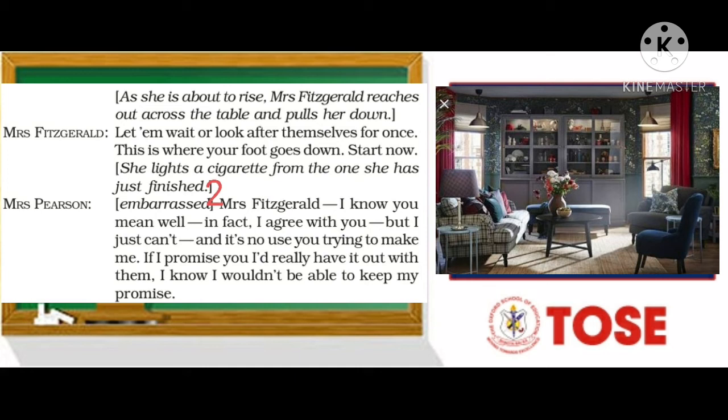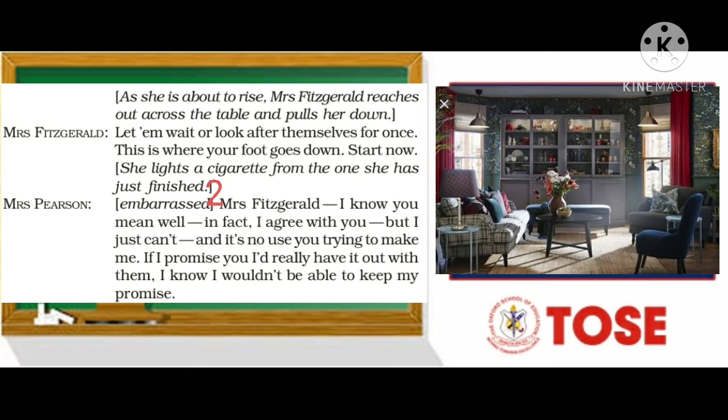Mrs. Pearson agreed with Mrs. Fitzgerald that she was doing right, but she didn't want to do it. She was saying that if she gave any promise to Mrs. Fitzgerald, she would not be able to keep it.